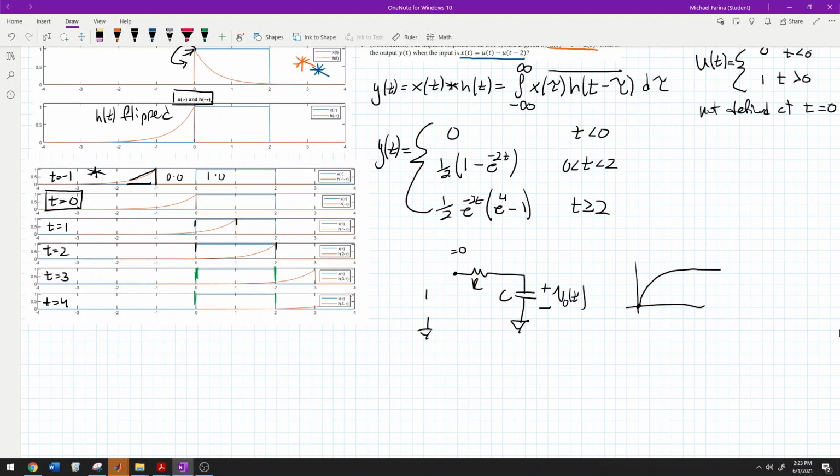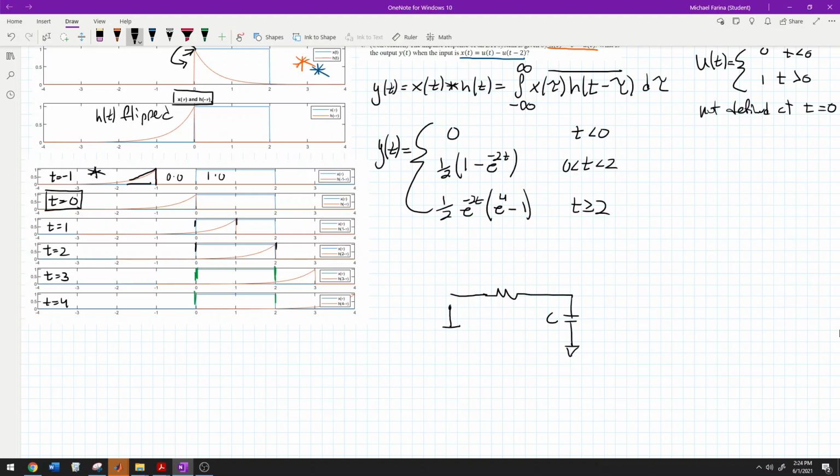Let me give me 1 second here. So here's our capacitor. Here's C, and this is going to ground. And here's our resistor R. And we could have a ground right here.